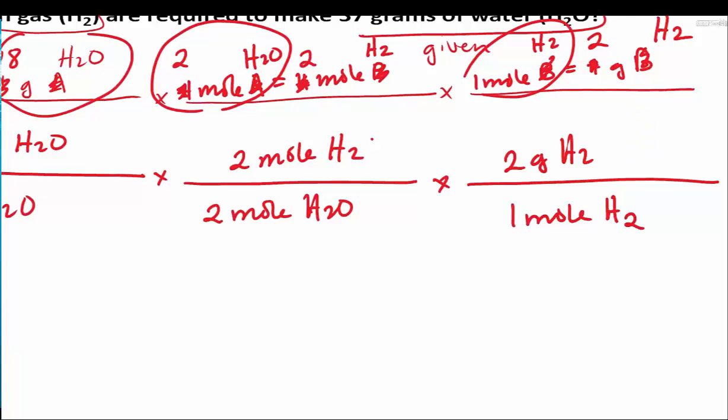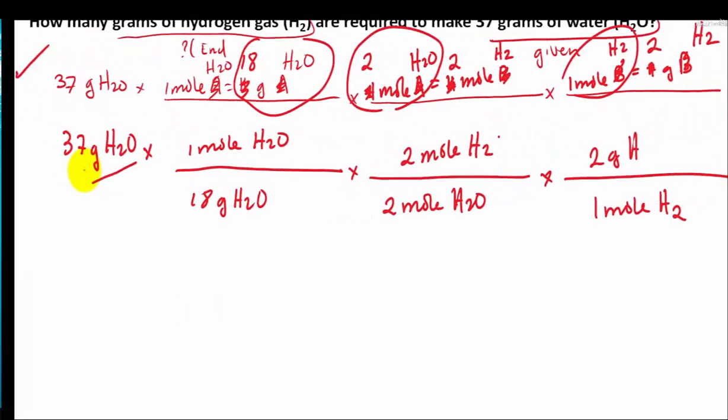The next step is to cancel out the units. So we have grams of water cancel out with grams of water. We have moles of water cancel out with moles of water. We have moles of hydrogen cancel out moles of hydrogen, and we have grams of hydrogen left. In this case, we are going to multiply everything on the top first and divide it by everything on the bottom.